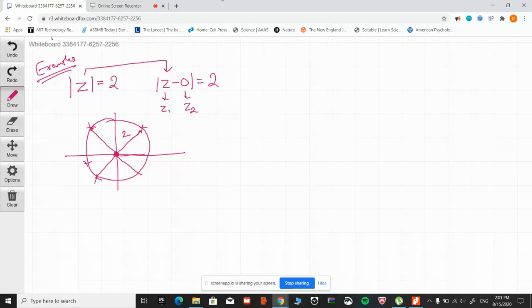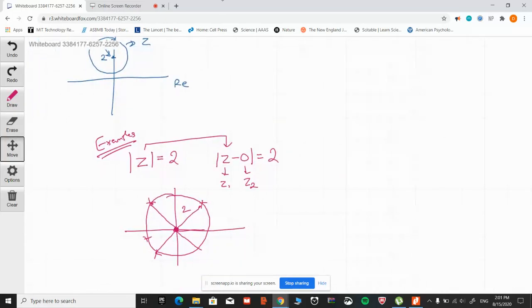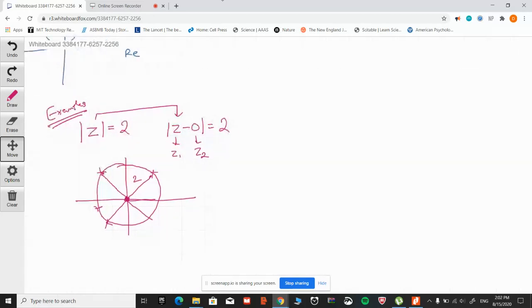And we said z could be anywhere on the circle. And just like the previous example, it does make sense, doesn't it? That the distance of this point or this point or any of the points on our circumference and the origin is 2 units. And hopefully that makes sense to you.